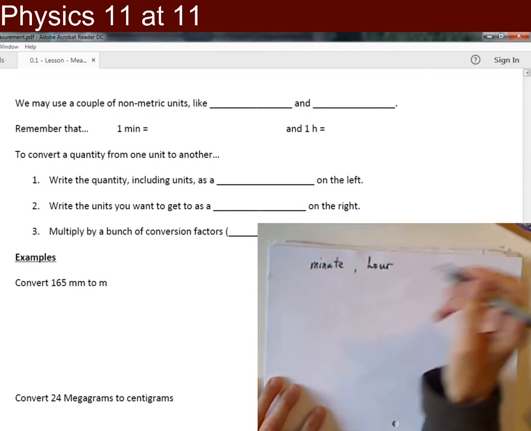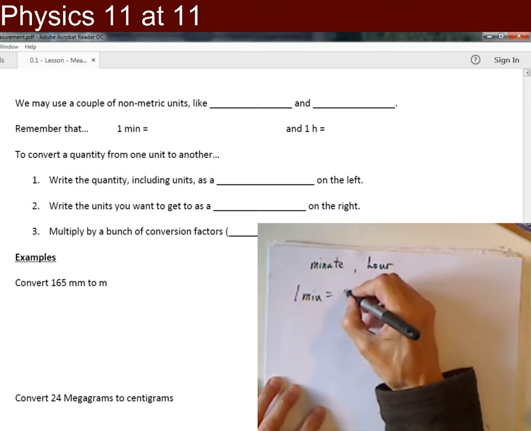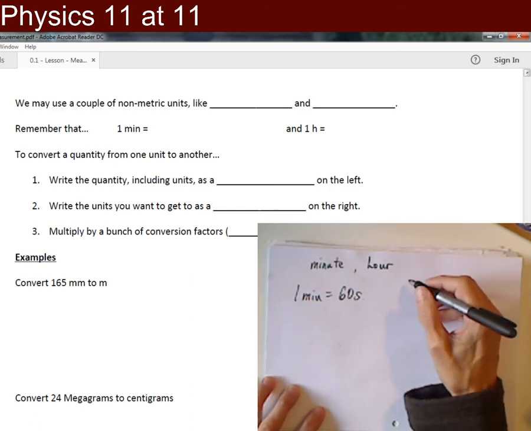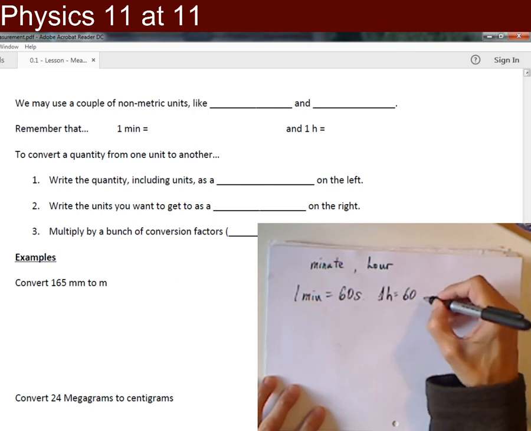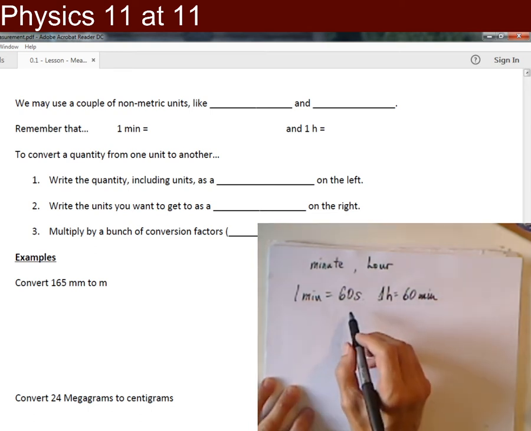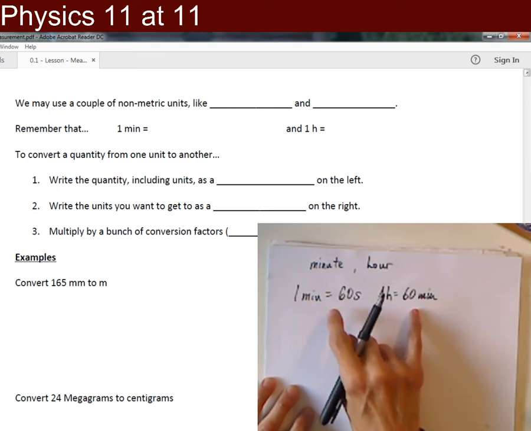And if you don't know already, you will need to remember that 1 minute is the same as 60 seconds, and also that 1 hour is the same as 60 minutes. We'll need other associations as well, and they'll come up.